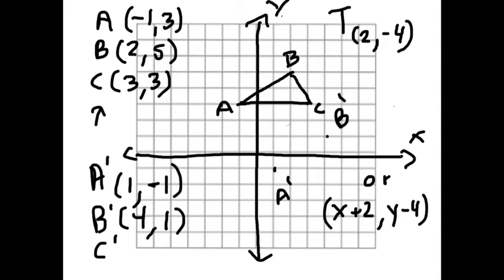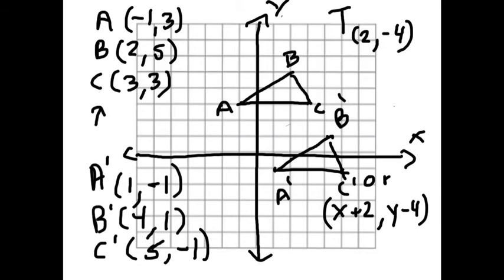So when I added 2 to my x value, I got 5. And when I subtracted 4 from my y value, I got -1. So my C prime was at 5, -1.